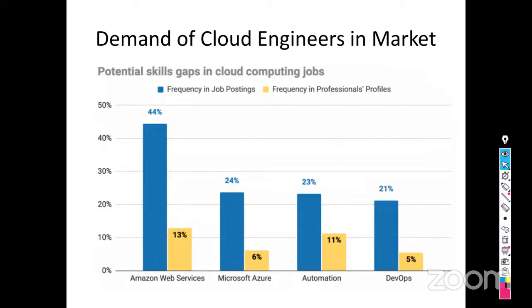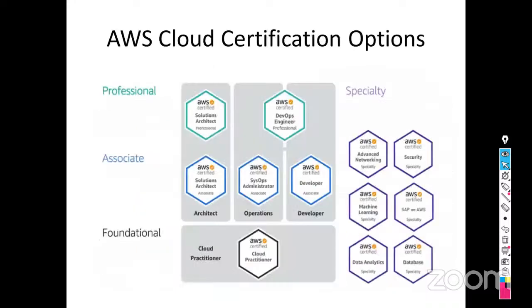If you learn AWS or Azure or DevOps or Google, you will not have any difficulty finding a job, because if you look at naukri.com or linkedin.com, they have a huge number of openings, but we do not currently have the engineers in the market. This is why we say this is a very demanding course.